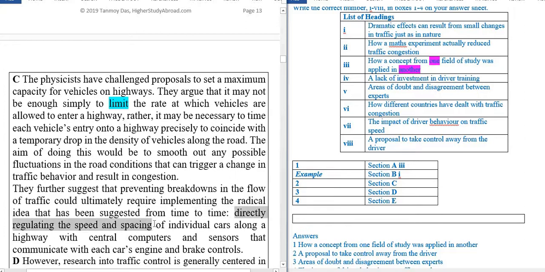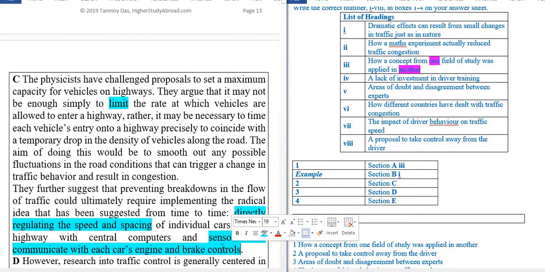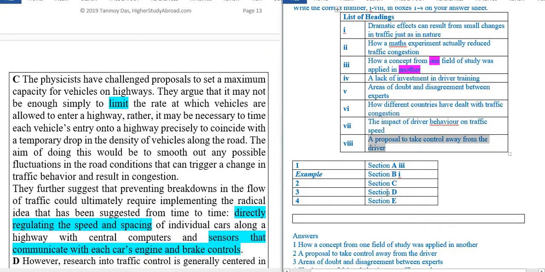Directly regulating speed and spacing of individual cars. Sensor that communicate with each car's engine and brake control. So please read this list of heading and I got the answer. The answer is a proposal to take control away from the driver.